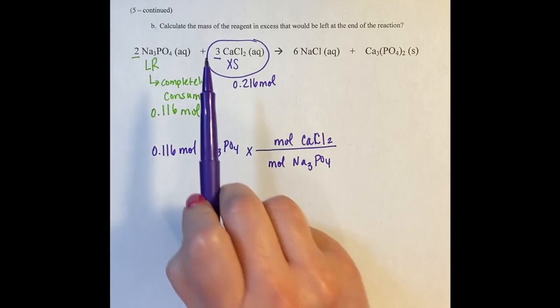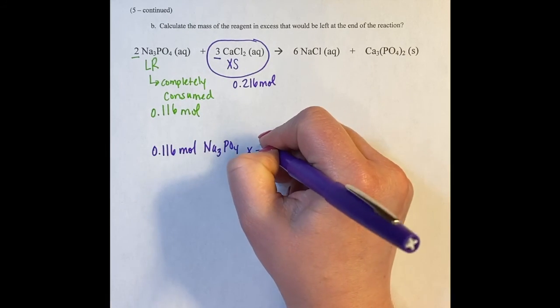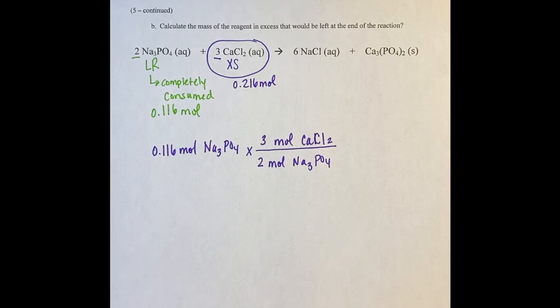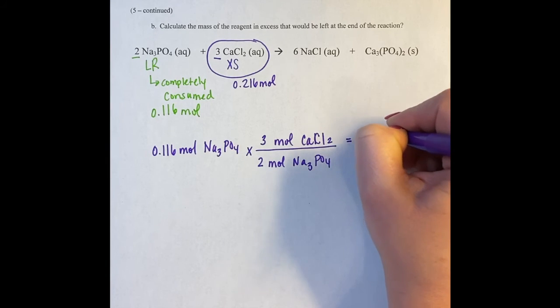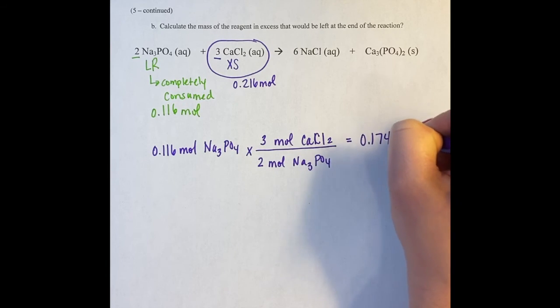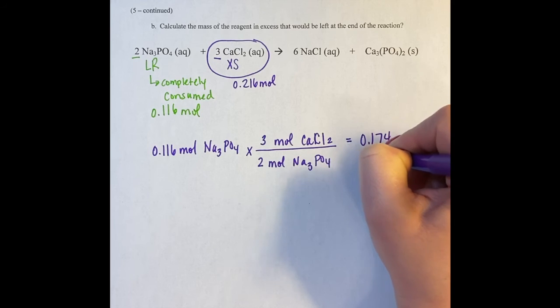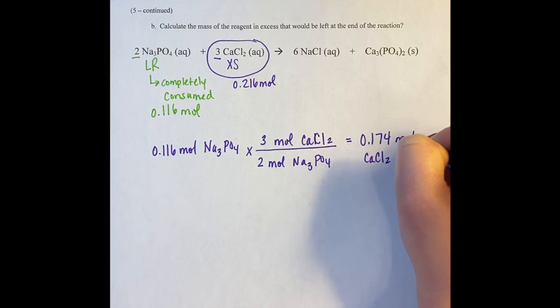So that means calcium chloride has a coefficient of 3, sodium phosphate has a coefficient of 2, so that's going to give me a 3/2 mole ratio. So now what I know from this calculation is that 0.174 moles of calcium chloride reacted.